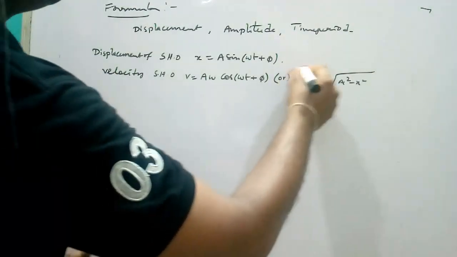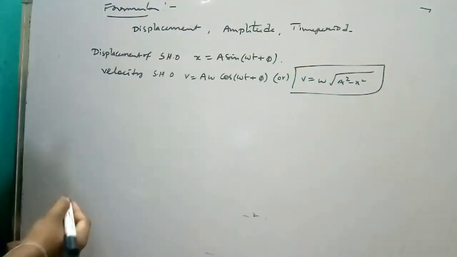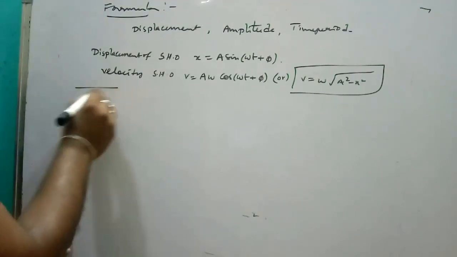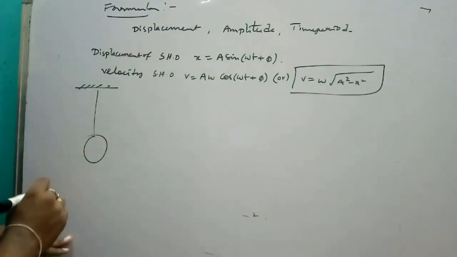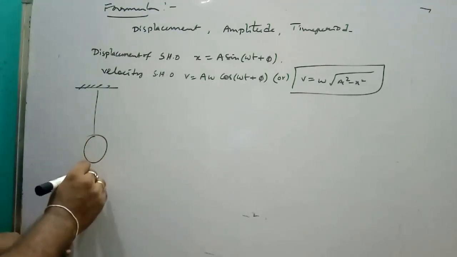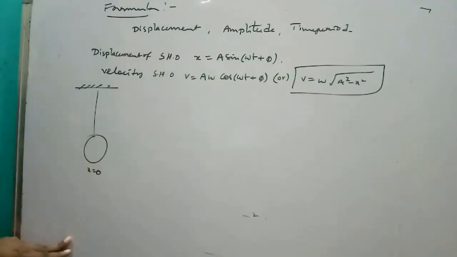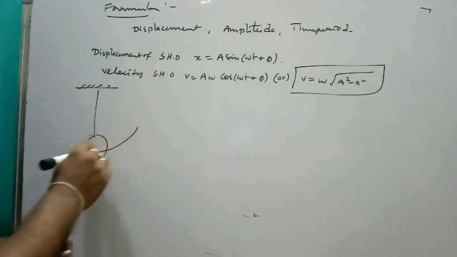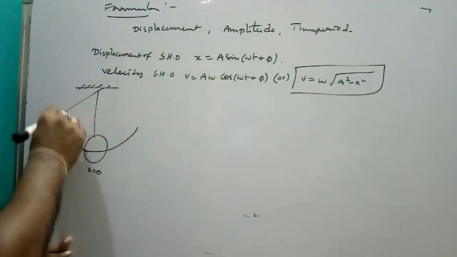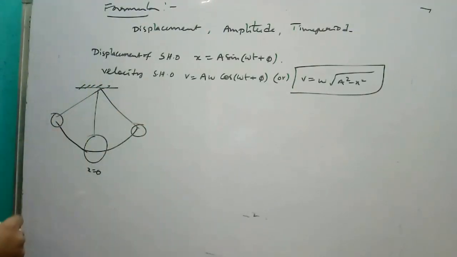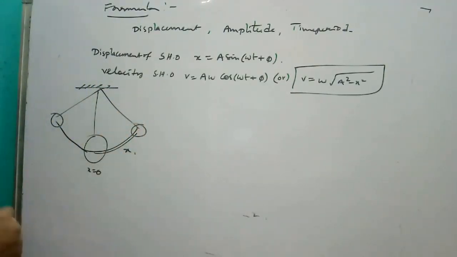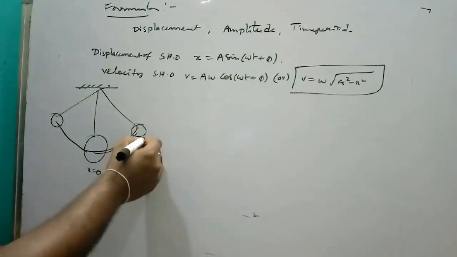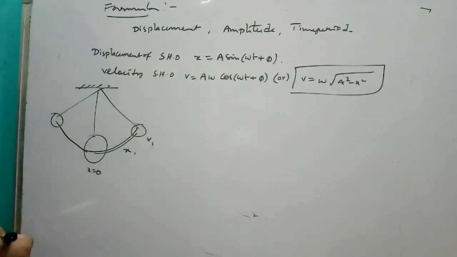Okay, so from this equation, let me do some problem or formula. Let me consider the simple harmonic oscillator at rest position, the mean position, x equal to 0. When it is displaced from the mean position or equilibrium state, let the displacement of the oscillator be x1. At this position the velocity is, let it be v1.